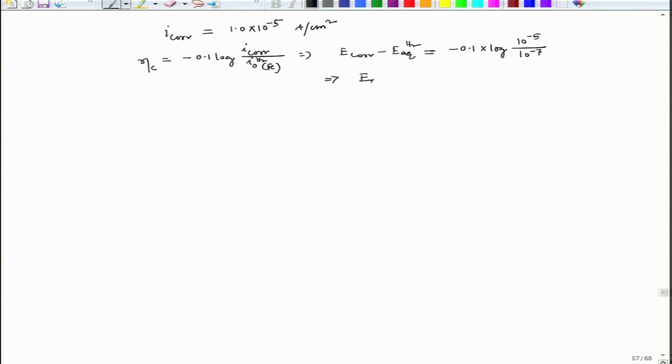So, E core equal to minus 0.177 minus 0.2. So, this E core becomes minus 0.377 volt.